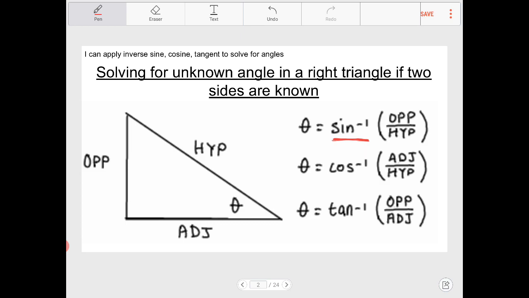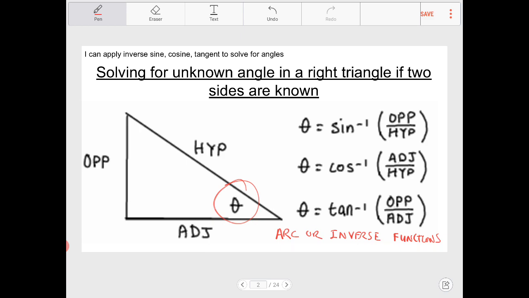A synonym for the inverse sine, inverse cosine, or inverse tangent is arc sine, arc cosine, or arc tangent. So these are often referred to as the arc or inverse functions. We would use this if we're trying to figure out what that unknown angle is.